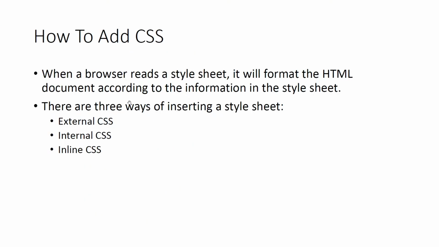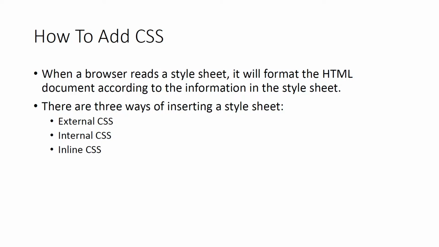Then the last one is the external. In the external CSS, we store our styles in a separate file with a file extension called .css. Then later on, we just go ahead and link that particular file to our HTML using what we're calling a link tag. It's the link tag which you're going to put in the head section, just probably after the title tag, or any other way.